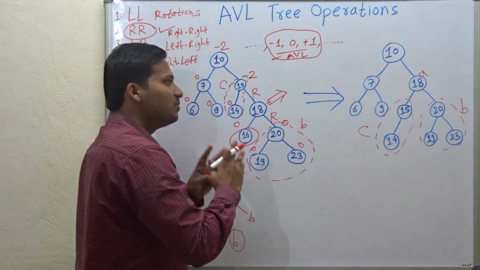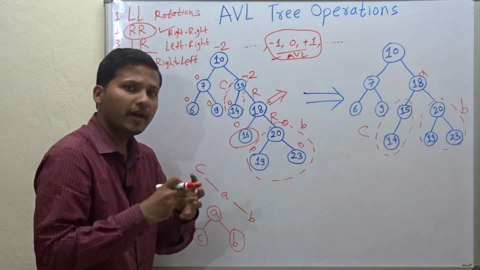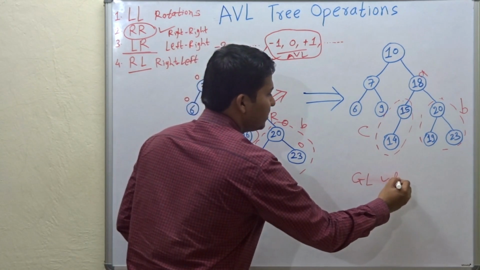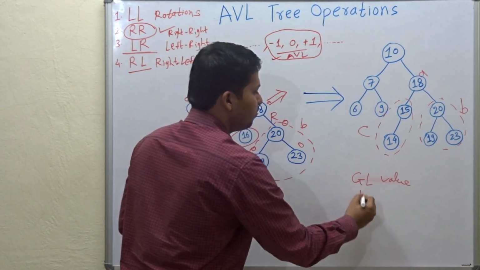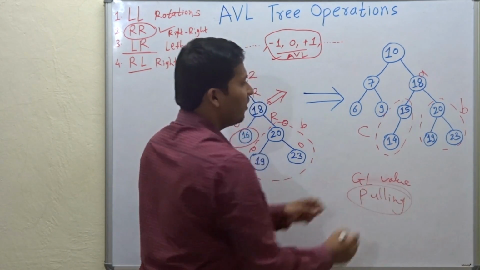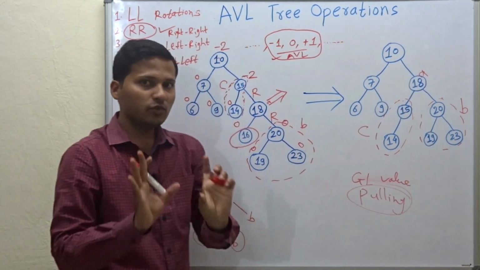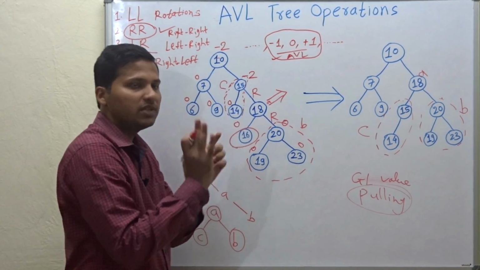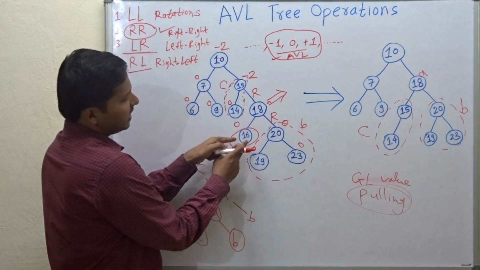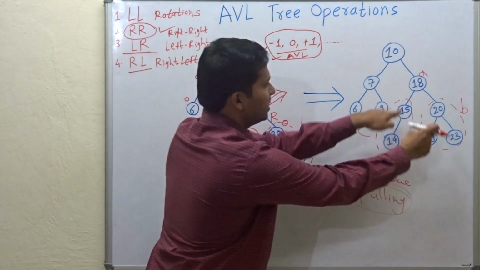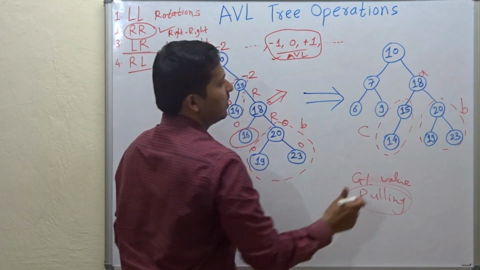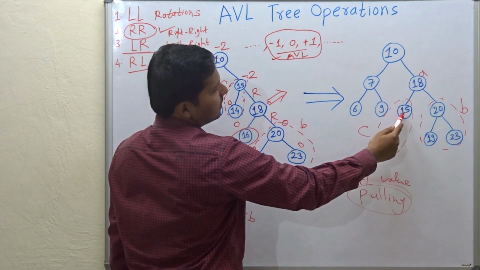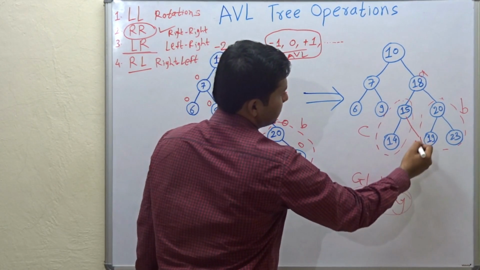So in this case we have to combine both methods, that is the greater than less than value method and the pulling method. Now we have already pulled, so we have used the pulling method. Now we have to go for the value method. Just check the correct position of 16 in this. Okay, see here, 16 is less than 18 and greater than 15.